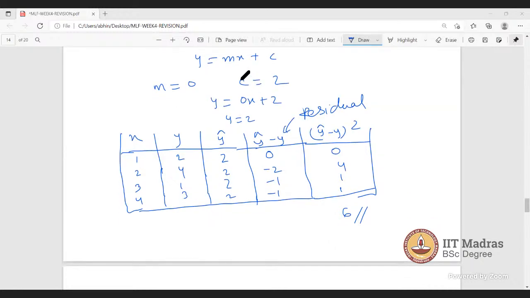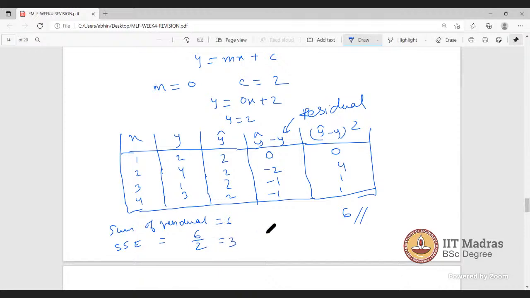So that is the simple residual. In this example, we can say the sum of squared residuals will be equal to 6, as ma'am said. Sum squared error will be 6 by 2, and mean squared error will be 6 by 4. Now it's clear.